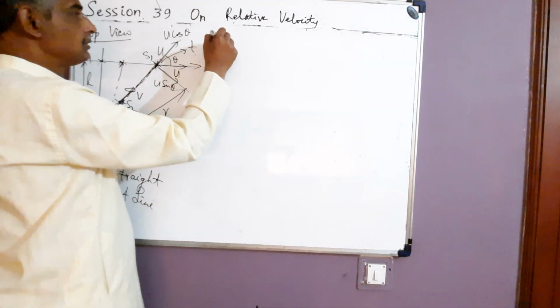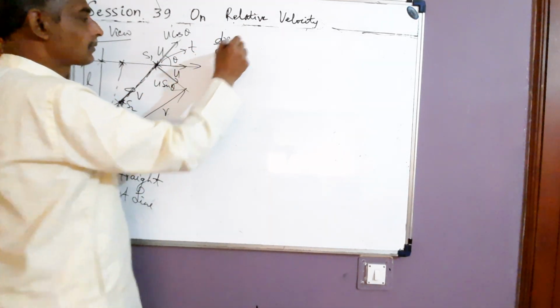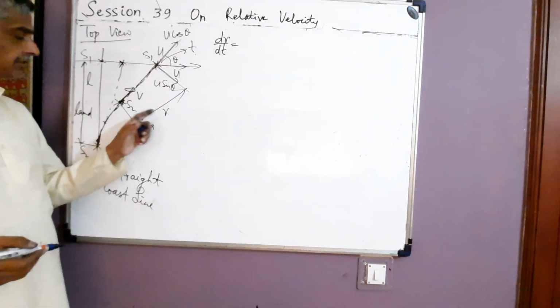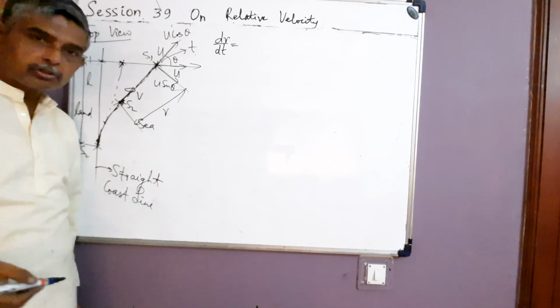So now again dr by dt. R is the instantaneous separation between the two ships at time small t.